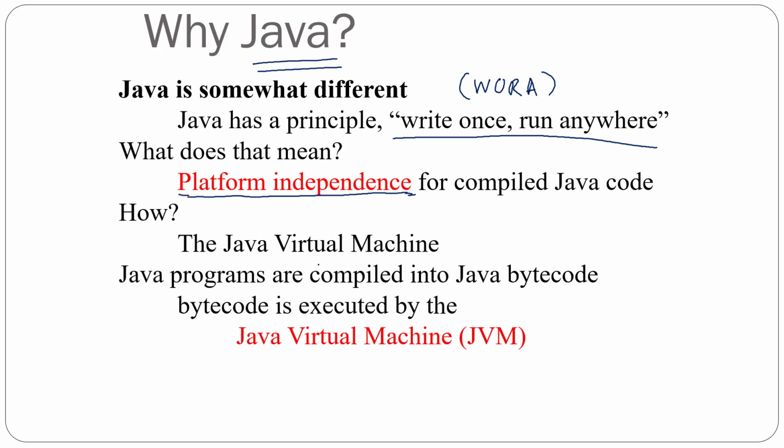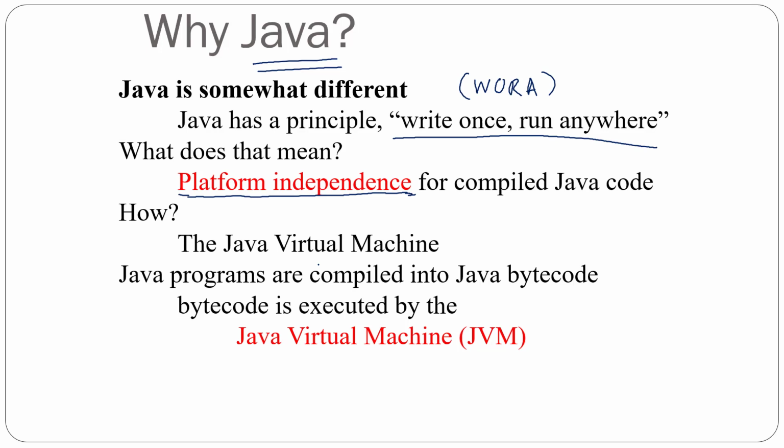People who designed C or C++ had something different in their mind, and those who designed Java had a different goal: to come up with a language able to run on different kinds of machines, different kinds of hardware.